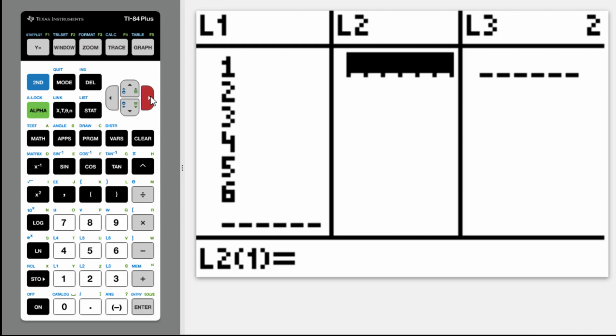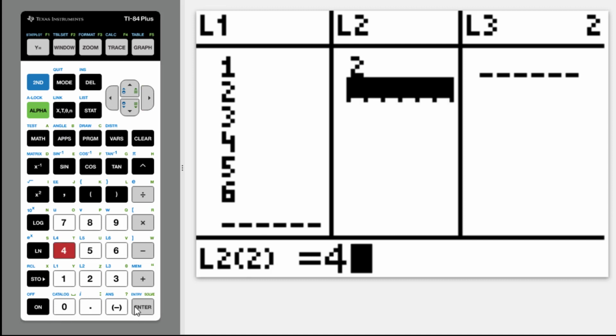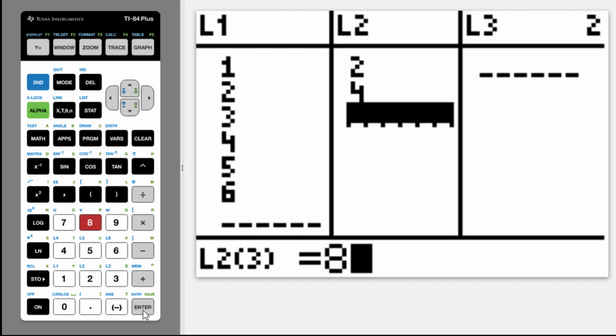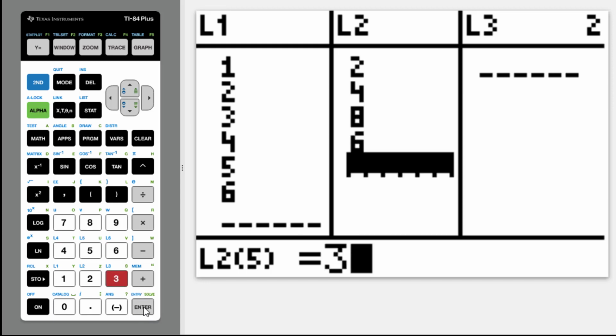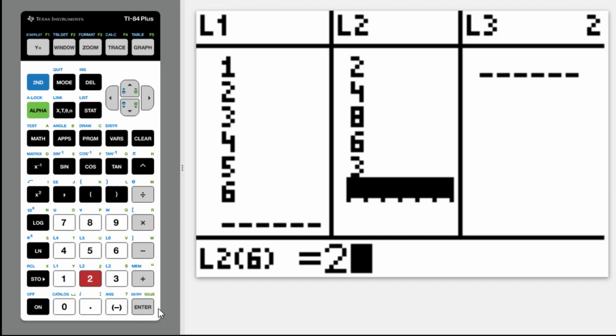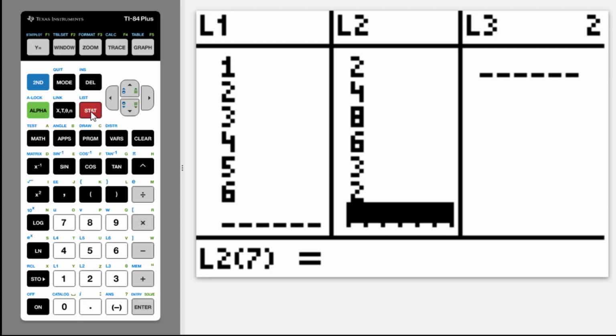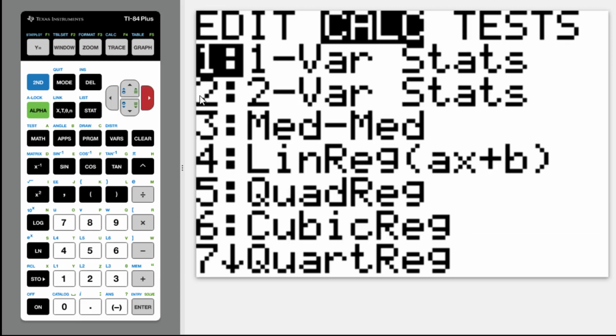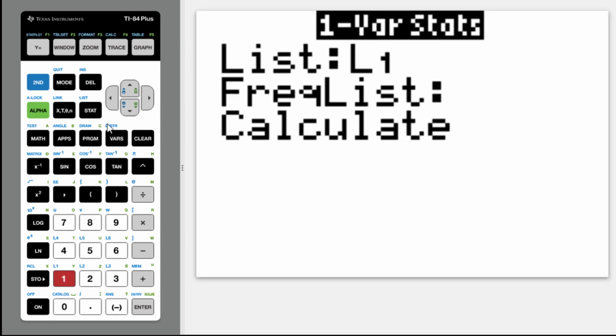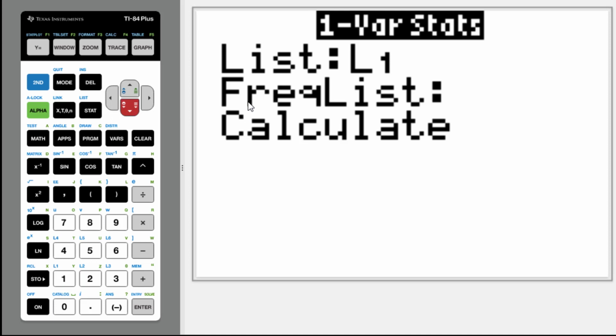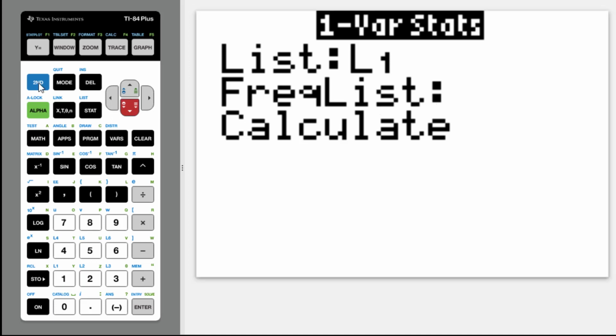L2 will be the frequency: 2, 4, 8, 6, 3, 2. Then go to stat, calculate, one variable stats. List is L1. You have to put in the frequency list, that is L2.